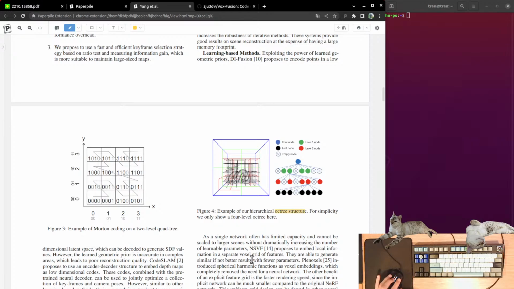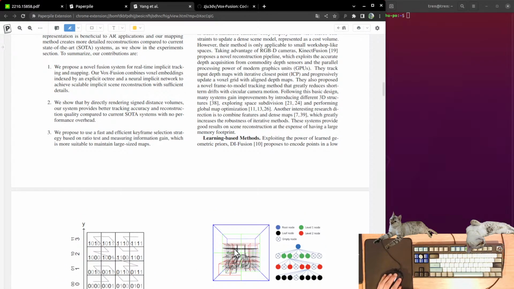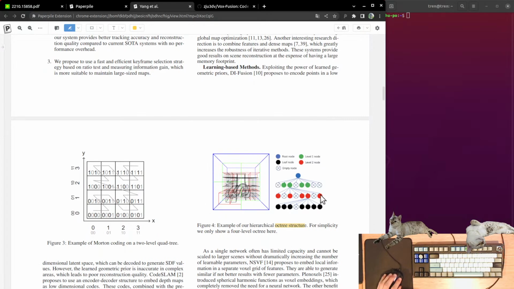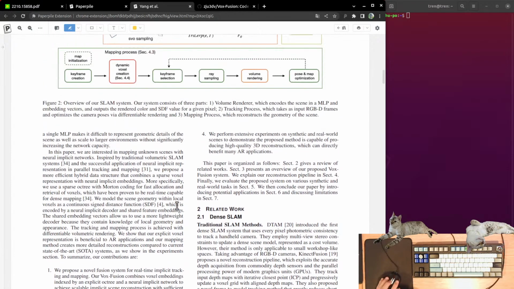So this has been around for a while. This is also a classic computer vision interview question, but using it with neural representations I haven't really seen before.